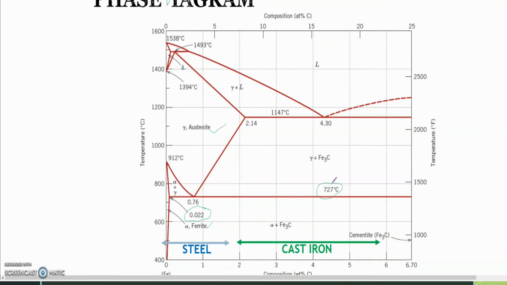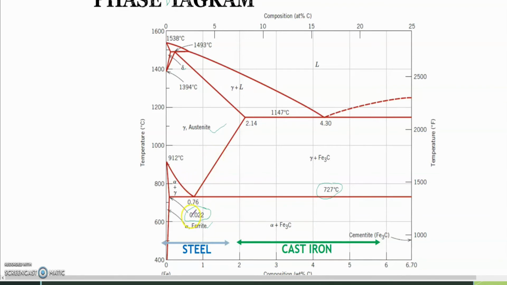So carbon dissolves interstitially in BCC iron, and this significantly affects the mechanical properties of ferrite. So bila carbon dah dissolve dalam iron, dia dah memberi kesan kepada mechanical properties of ferrite lah.